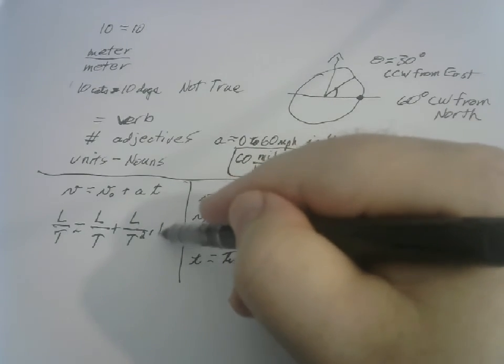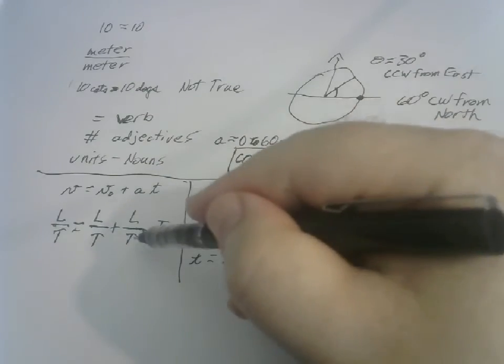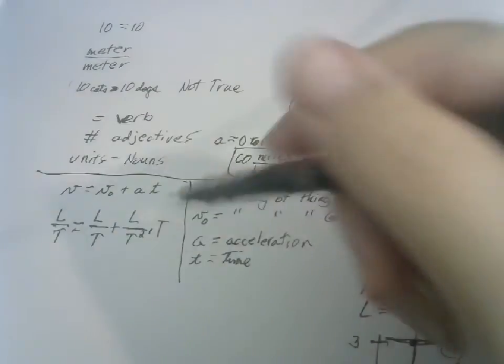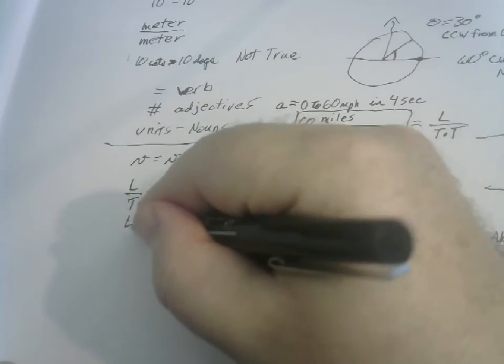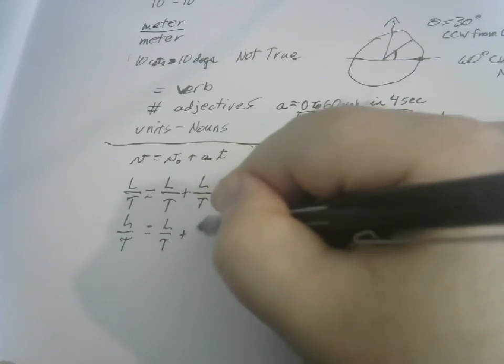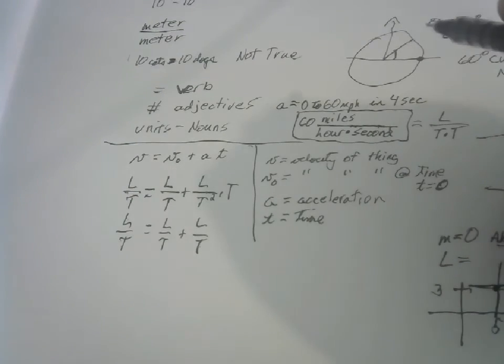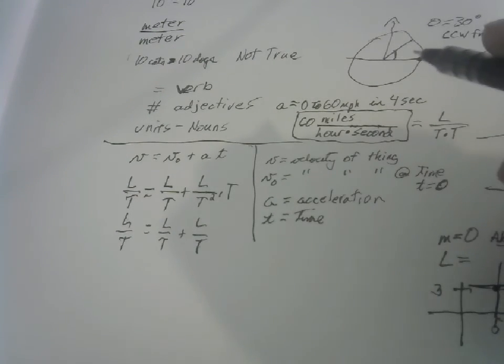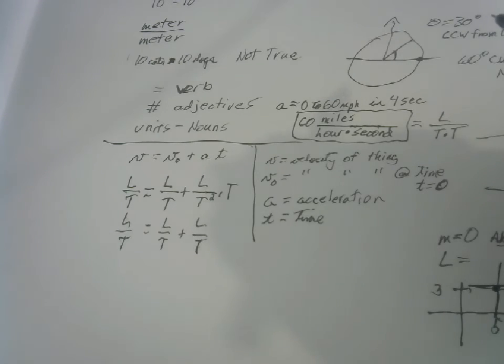So what happens is, length over time equals length over time plus length over time, because the t over t squared just is 1 over t. So those cancel out, and this does come out to have proper units. Great.